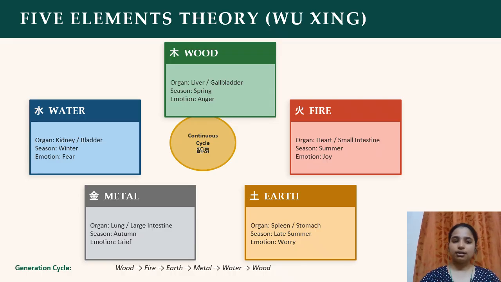Coming to water, the organ is kidney or bladder, the season is winter, and the emotion is fear. You may also have noticed that for some people, when we feel fear, we feel like urinating. That is the correlation here. So I hope the five elements theory is clear for you people.